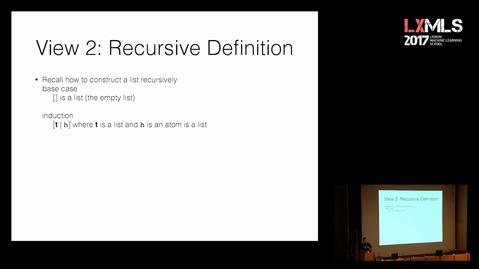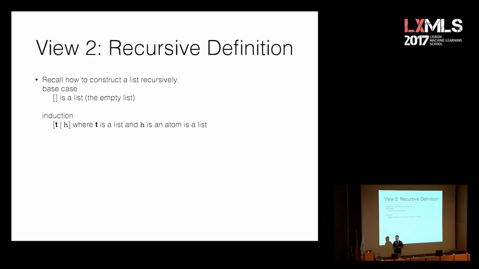So let's recall how you construct a list recursively in a language like Lisp or Haskell. We define a list in terms of a base case. We're going to say this bracket is a list; specifically, it's the empty list. And then we've got the inductive component of the definition of a list.